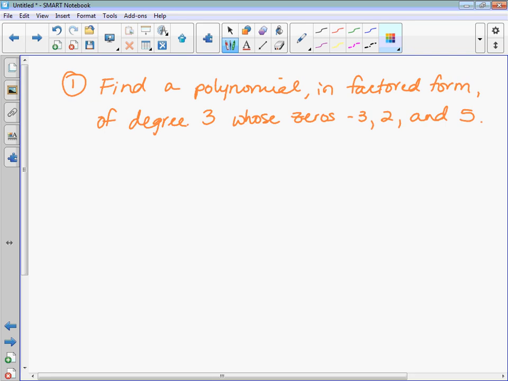Okay, so anytime I'm asking you to write a polynomial or an equation, please start with f of x equals. The degree is 3, and I've given you 3 zeros, so that just means you're going to have 3 factors. All right? If -3 is one of the zeros, what would the factor be that created that zero? X plus 3.